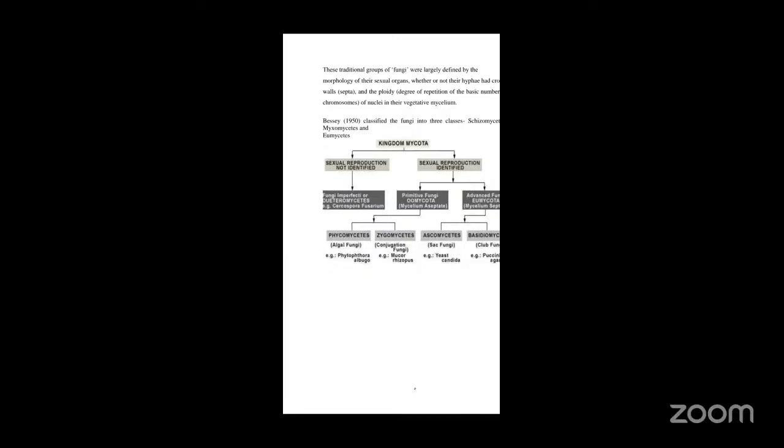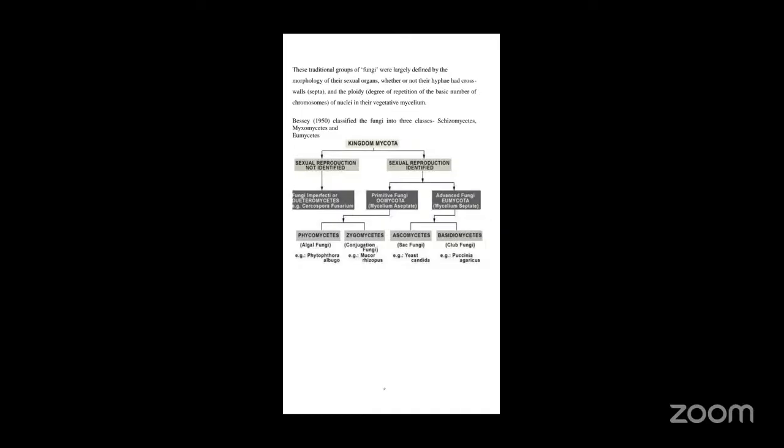The fungi in which sexual reproduction is not identified we call imperfect fungi. That class we call Deuteromycotina, Deuteromycetes, or Deuteromycota.